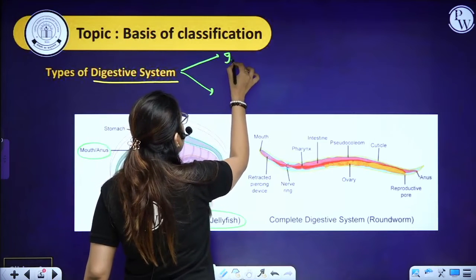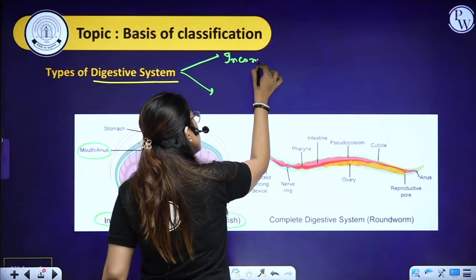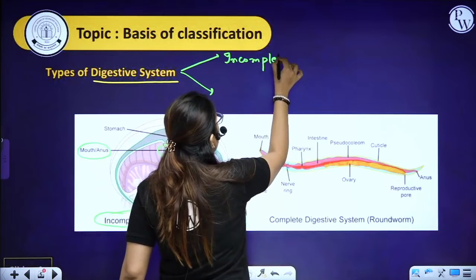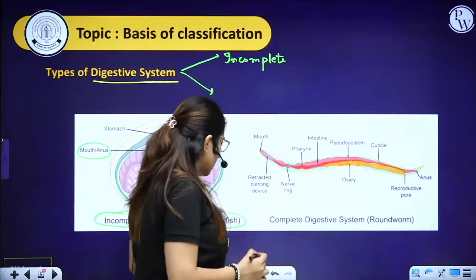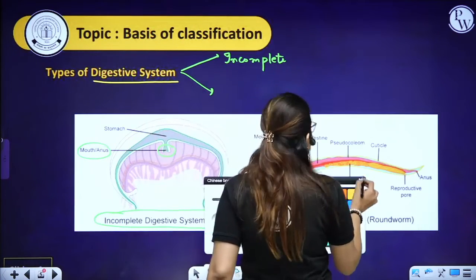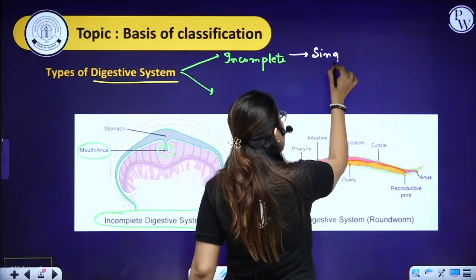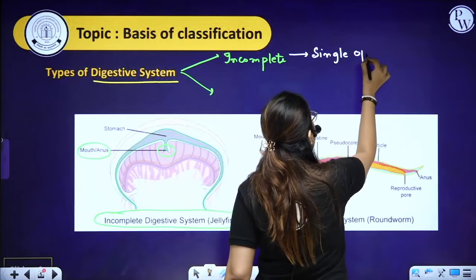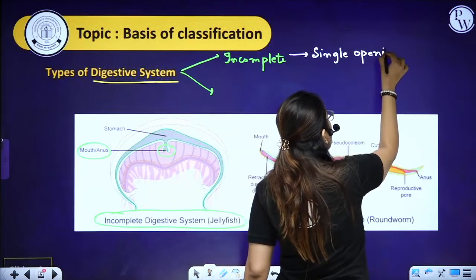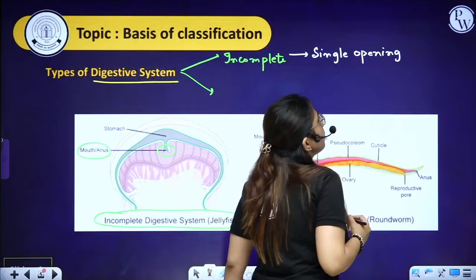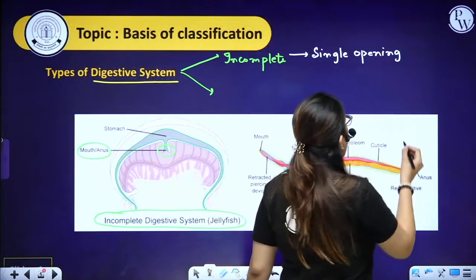One is the incomplete digestive system. In the incomplete digestive system, there is only a single opening for ingestion and egestion.